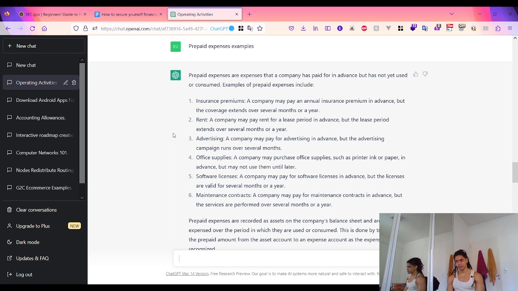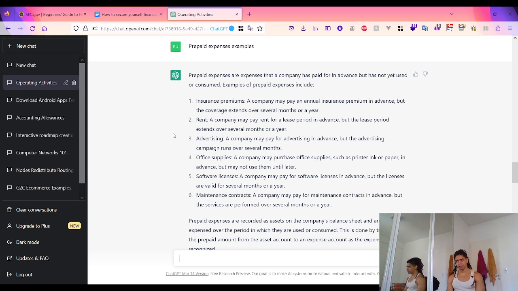Interesting. Because if you see yourself as a company, yes, you need that insurance. Okay, so you have insurance, rent.